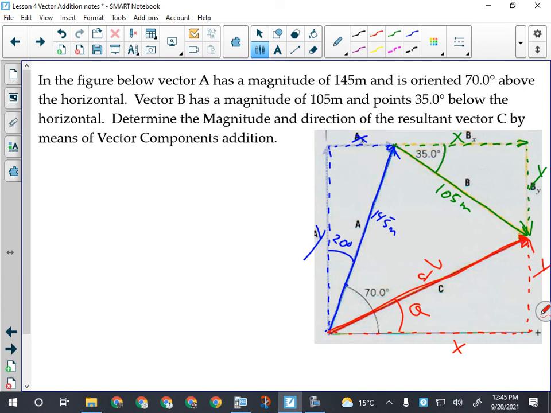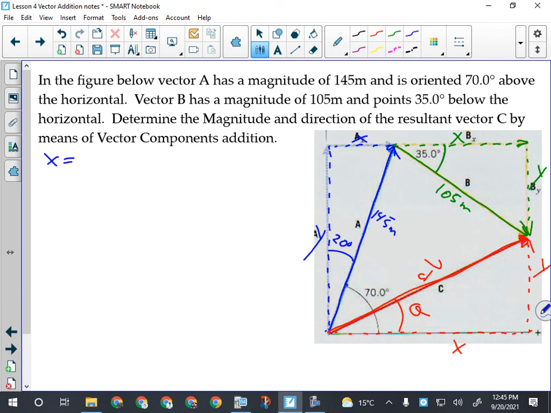All right, so first step, draw the diagram. Second step, calculate the x and y components of your vectors. Okay, so that's what we'll do next.